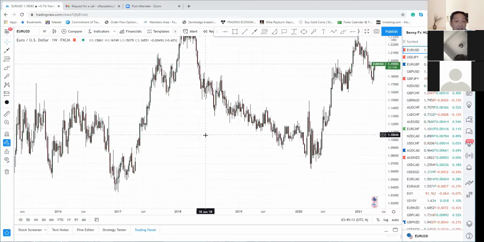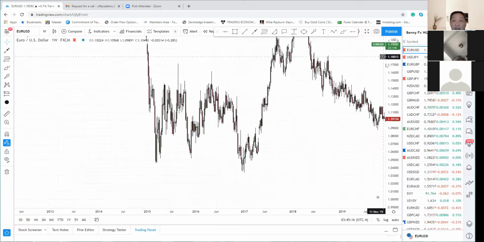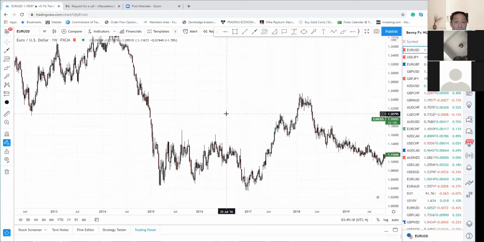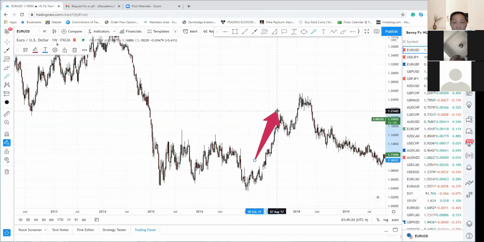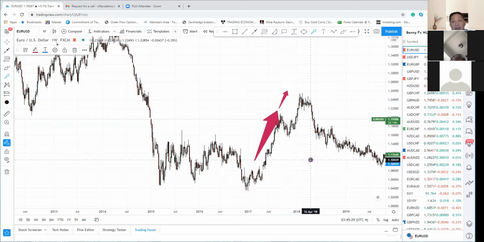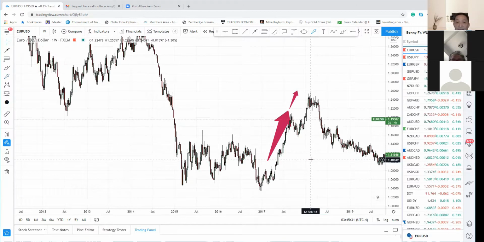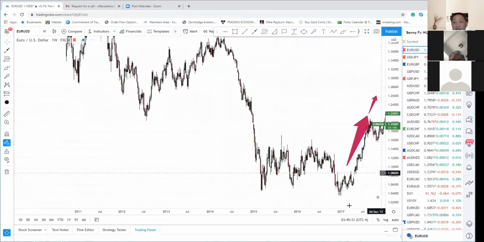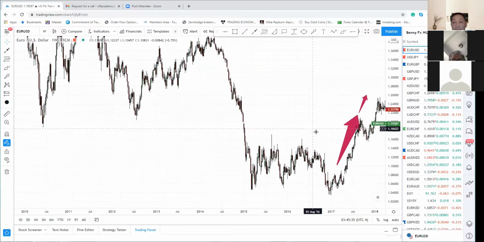So the traders are being trapped into this, right? Now, take a look at this example. Why does the price need to move from here to here and to here? Why does the price need to move up here? Anyone? Before you see all this, why does the price need to move up?